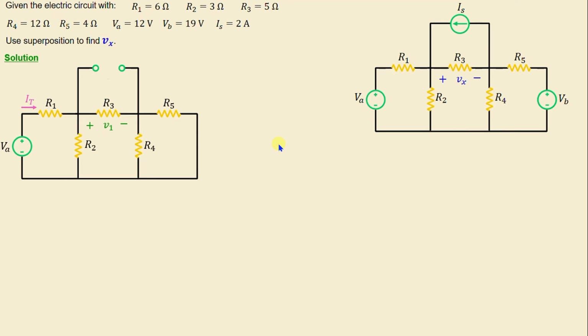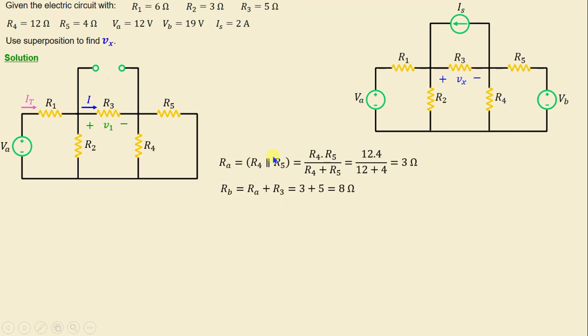I will consider It the total current in this circuit, and I is the current through the resistor R3. I will consider Ra to represent the parallel combination of R4 and R5. That means Ra is equal to R4 times R5 over R4 plus R5. We get 3 ohms.